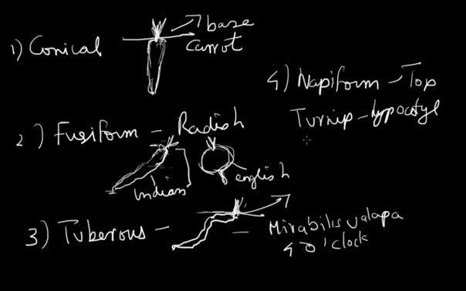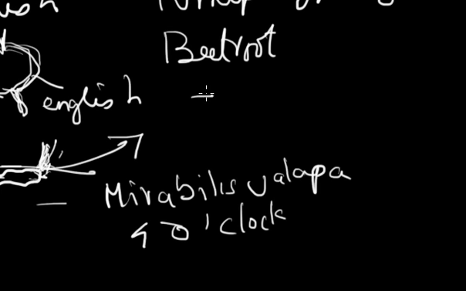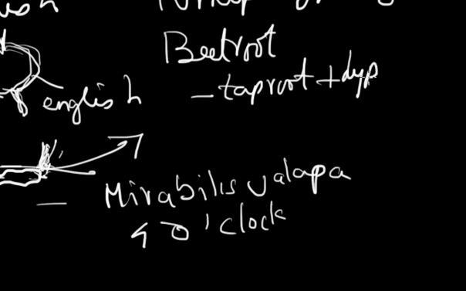The second example is the beetroot. It's a very interesting case in the sense that here the swollen part is formed both by the taproot plus the hypocotyl region.